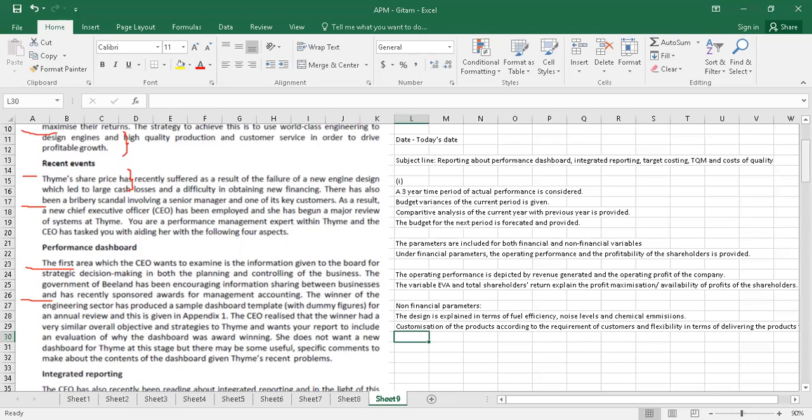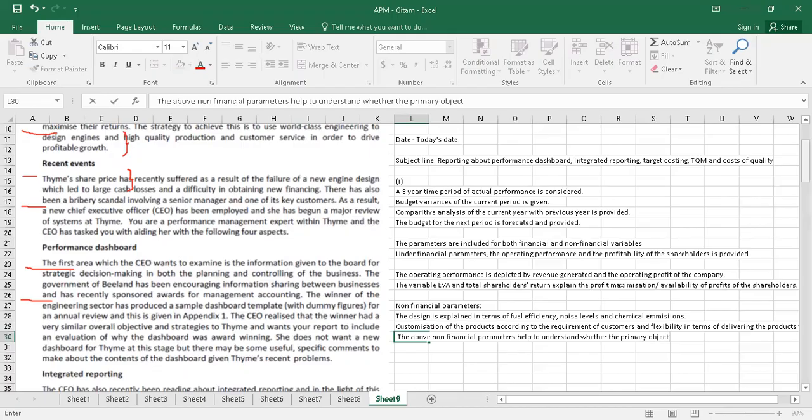So these will help to understand the above non-financial parameters, help to understand whether the primary objective was achieved or not. Did I make it clear?